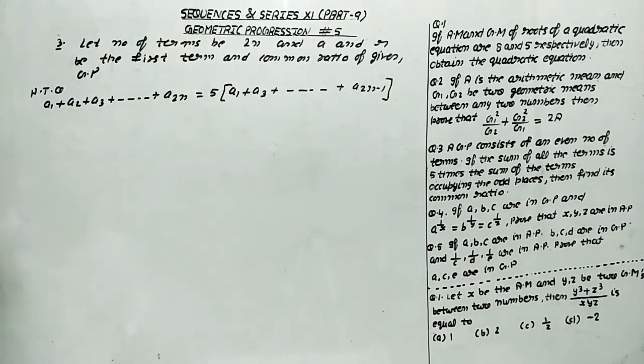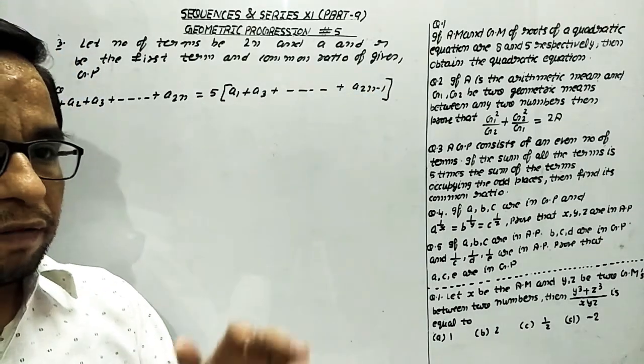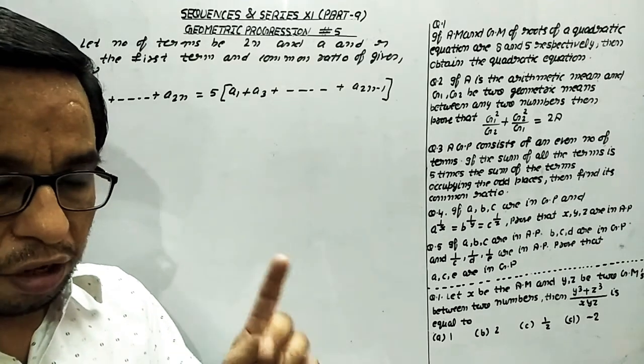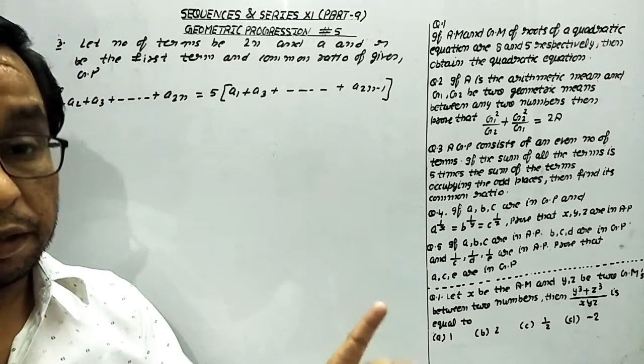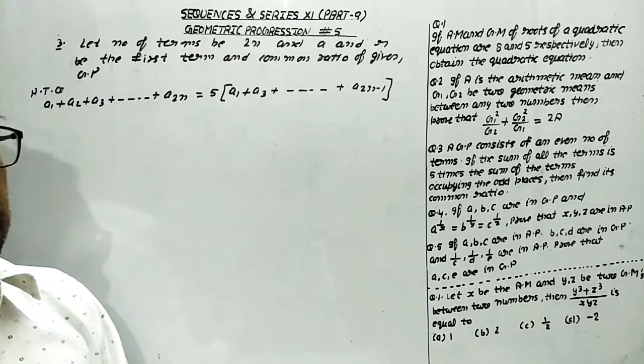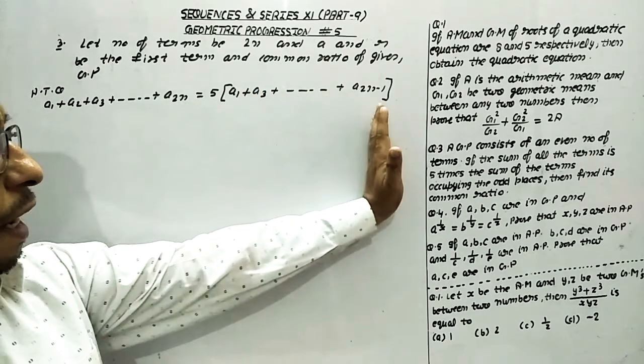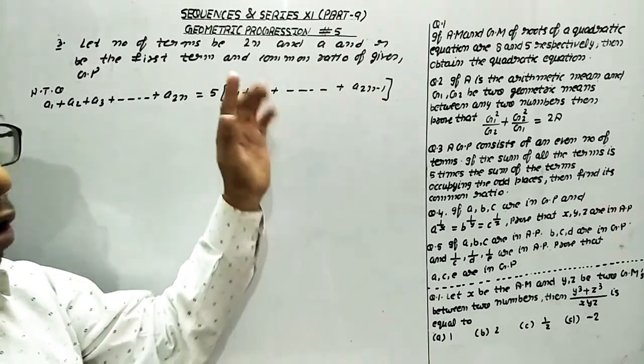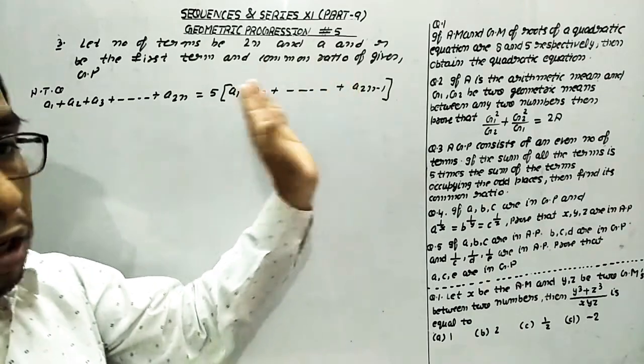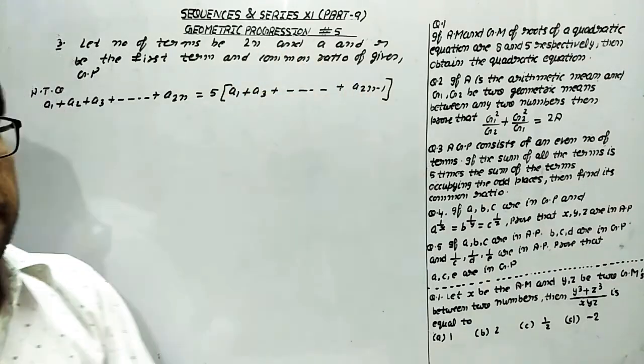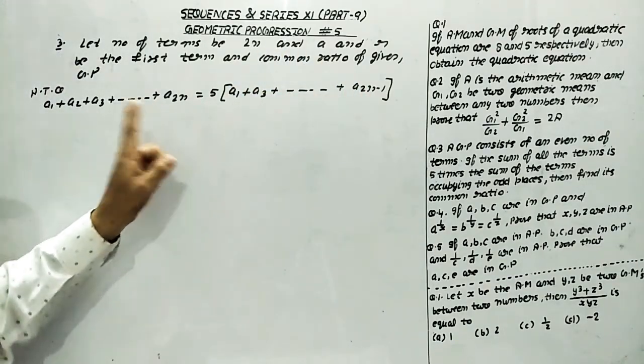Always remember this thing: if we have 10 terms, then there is a share of 5 terms at odd places and 5 terms at even places. Now if we are taking out the terms occupying the odd places, the total number of terms here is n only, and here the total number of terms is 2n.